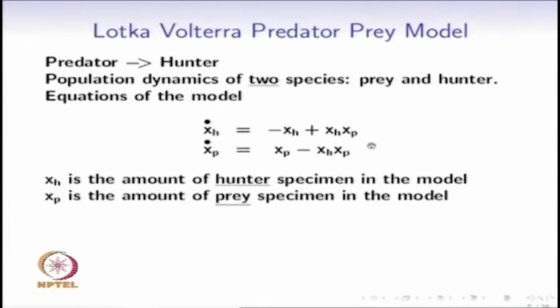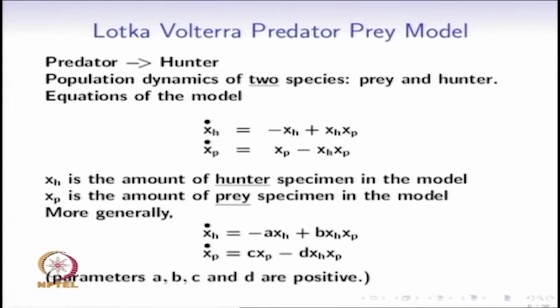Of course, we have simplified most importantly in the sense that more generally there would be some constants. X dot H would be equal to minus A times XH plus B times XH XP, and X dot P is equal to C times XP minus D times XH XP.